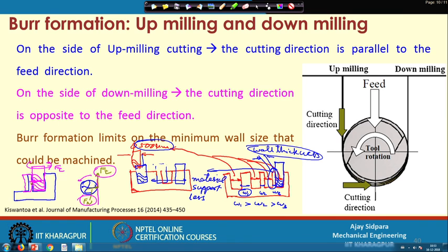Because of the bending, you are not able to cut the width of this channel appropriately, because earlier, suppose your requirement is, consider this was 500 micron, let us consider 100 micron is the wall thickness which you want to cut at the last one. But because of this bending, it will be a little bit bigger than this one.